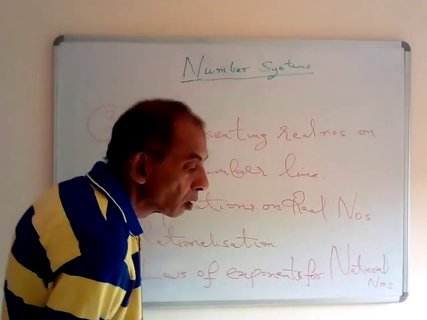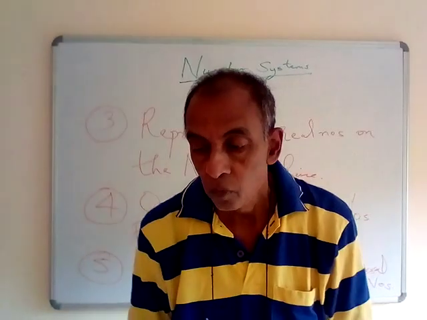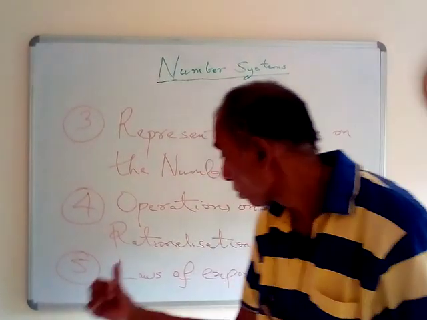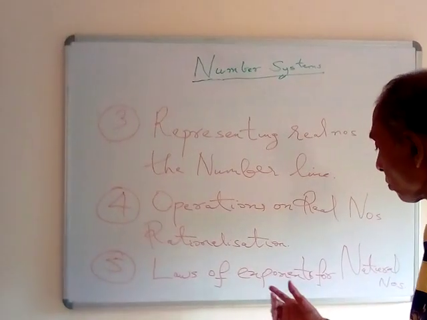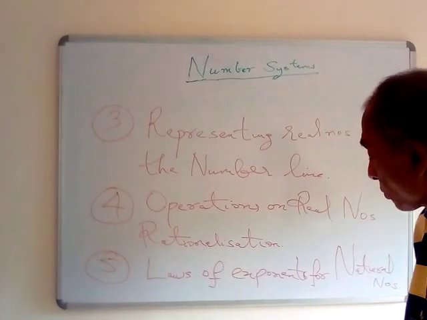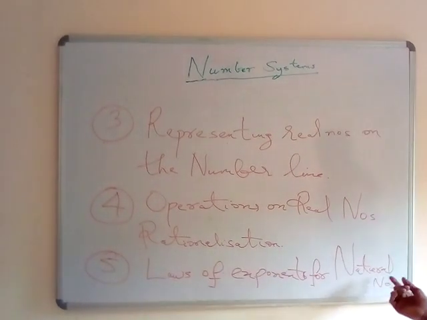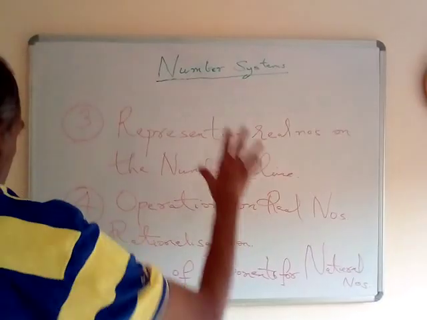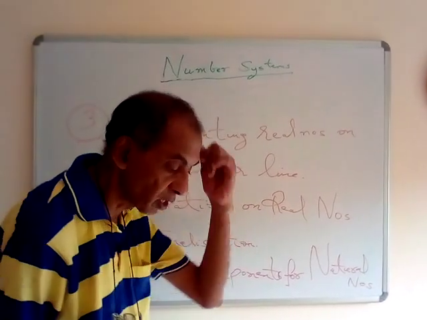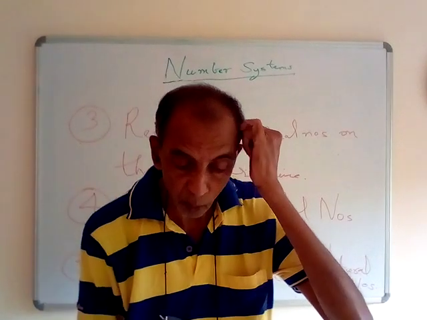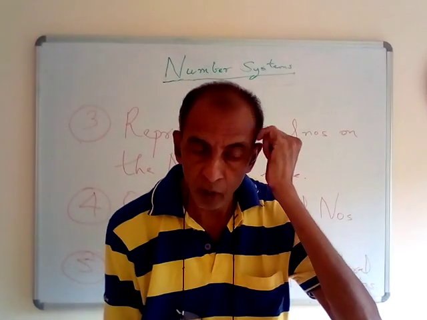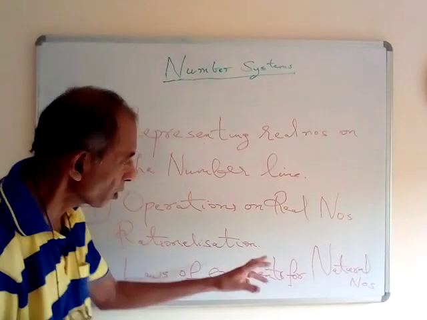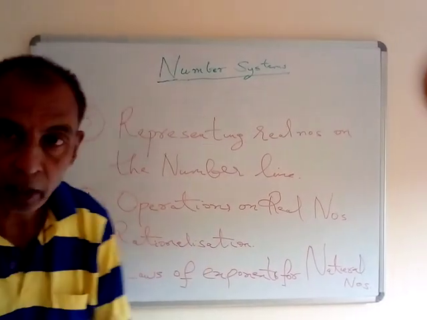So there are a few laws which have to be used to find out the problems under this chapter, laws of exponents for natural numbers. Okay, so all of this what I have shown you today in this video make up the different subtopics under number systems in all for the 9th standard maths syllabus of CBSE board. Okay, so we'll complete this now.